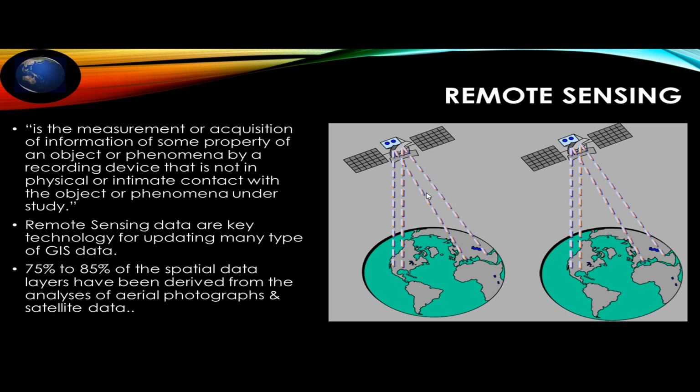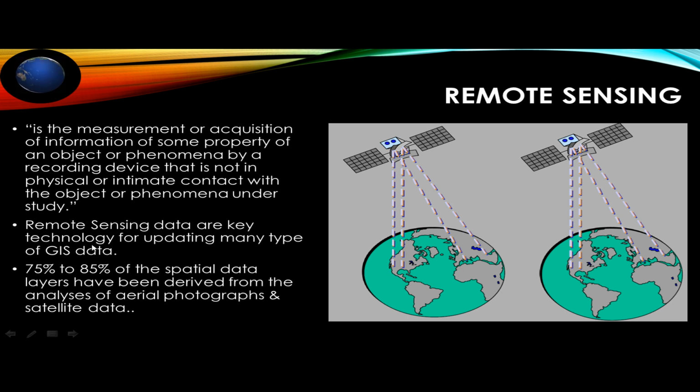We are remotely sensing the information without being in contact with the object or phenomenon under study. Like that, here you can see the imagery. The satellite captures the imagery remotely, without being in contact with the object, and gets the information of the particular object.